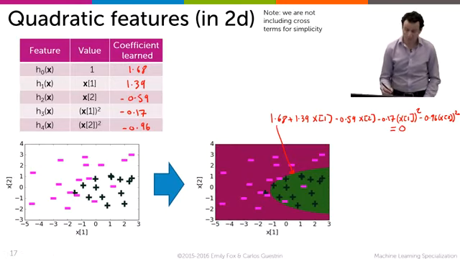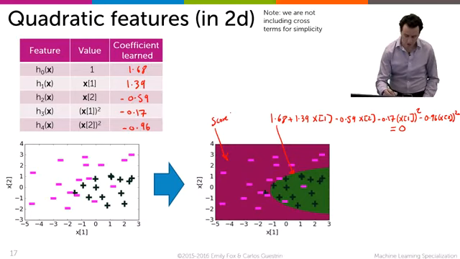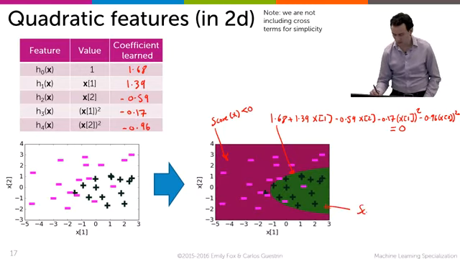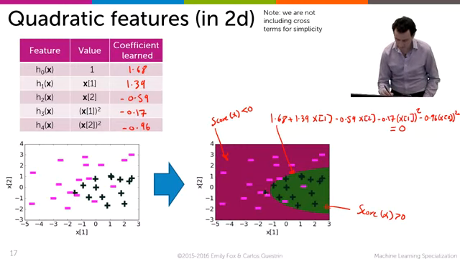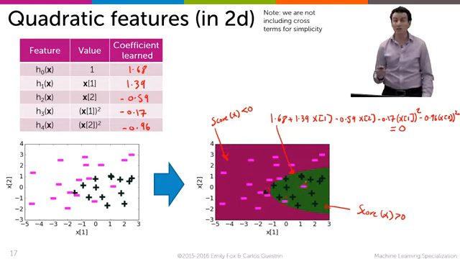The points on the left side of the parabola are the ones where the score of x is less than 0, and the points on the right side are those where the score of x is greater than 0. You get this beautiful curve where, yes, you still make a couple of mistakes, but those mistakes seem okay to me. I'm fitting the data pretty well.